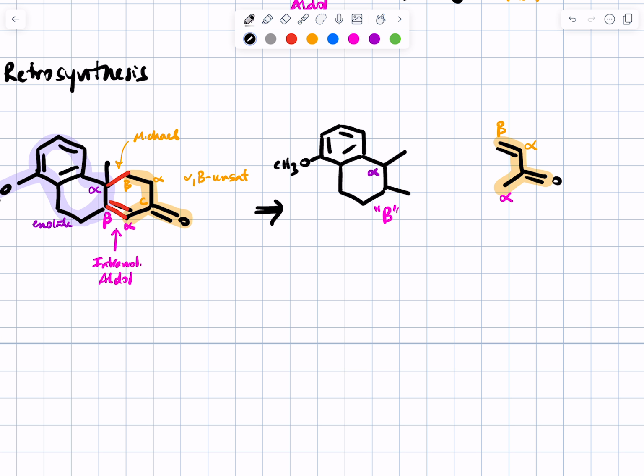In order for that to have happened, there must have been a carbonyl oxygen there. Okay? And then that becomes our electrophile. That becomes what we use to make our enolate nucleophile. All right, so that's worth some fairly intense practice.